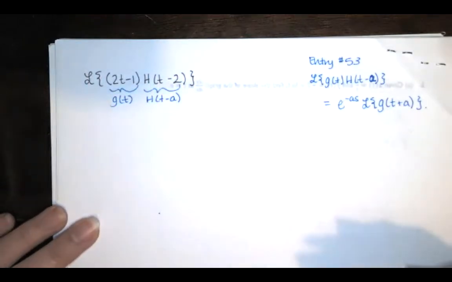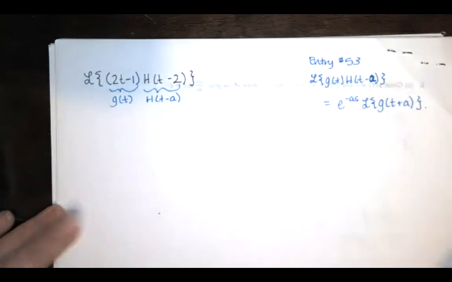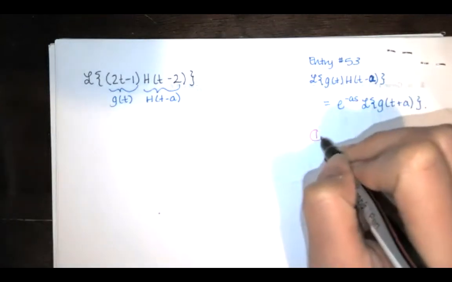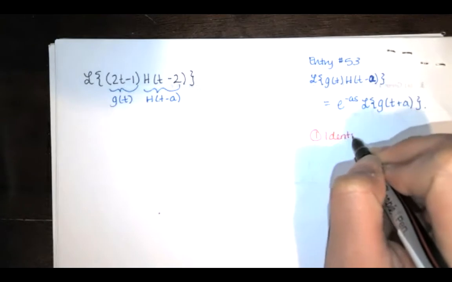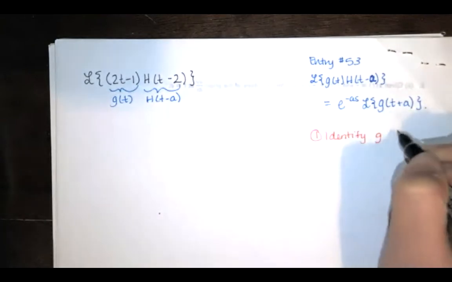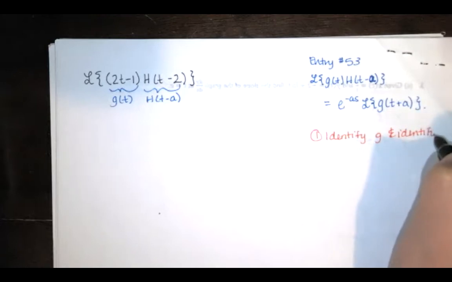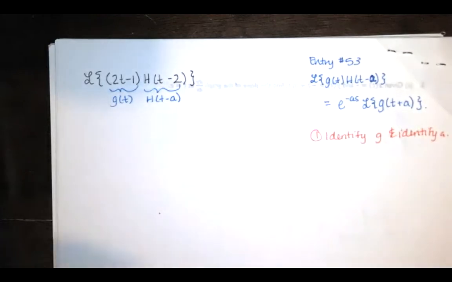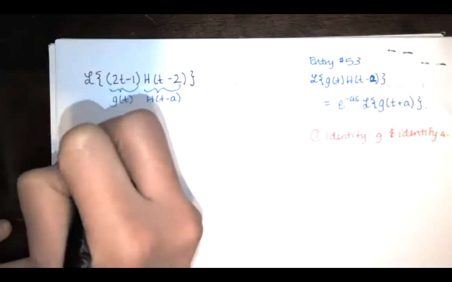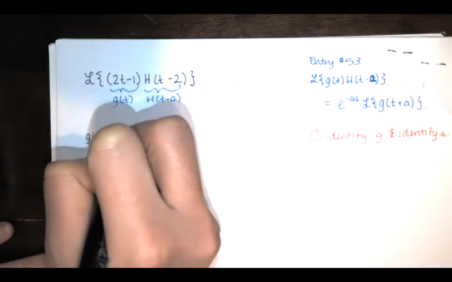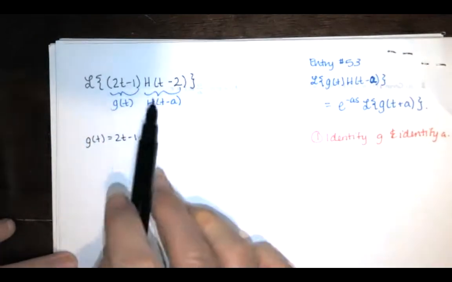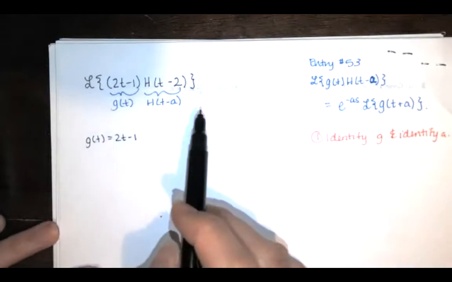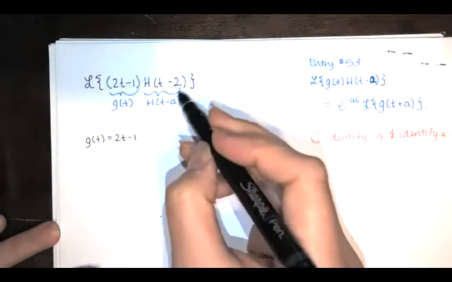So the first thing that we want to do is identify g and identify a. So we know that g of t is 2t minus 1, and if h of t minus a is equal to h of t minus 2, then a must be 2.